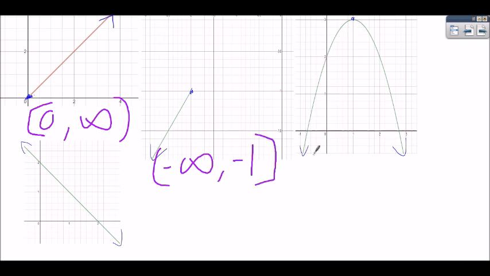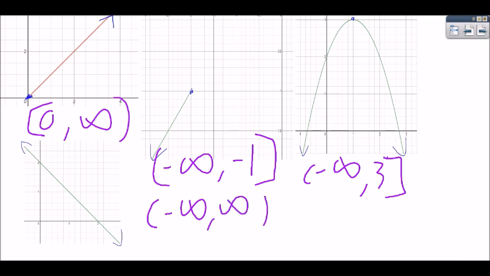This graph goes down for negative infinity and goes up and stops at 3. This one goes down for infinity and goes up for infinity. All real numbers.